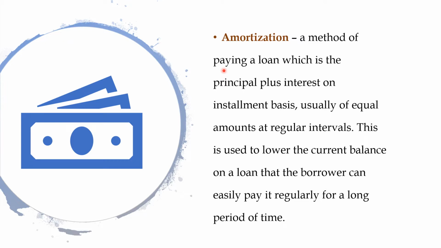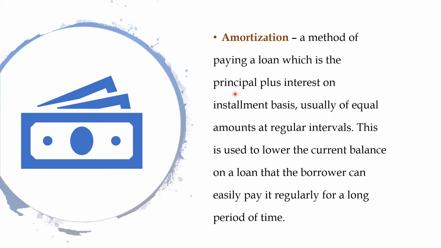Bakit siya amortization? Ano yung amortization na yan? So, that is on installment basis yung pagbabayad mo, usually of equal amounts at regular intervals. So, usually ito ay binabayaran on a monthly basis na kung saan every month, yung mga binabayaran mo equal lang ang amount noon. So, yung amount na yun na binabayaran mo regularly is the sum of the principal plus the interest.